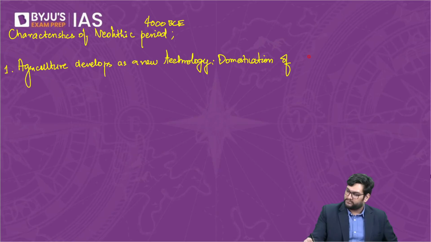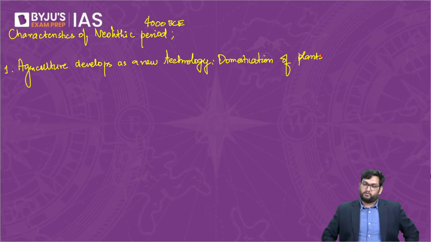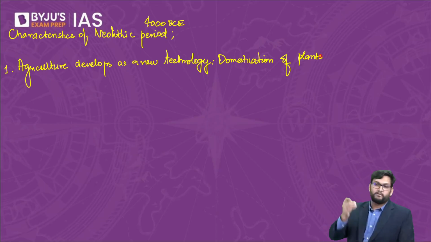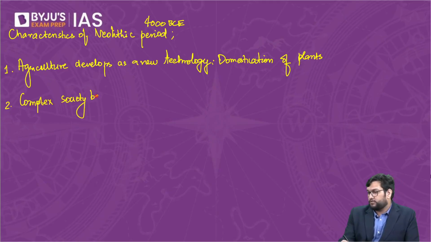Domestication of plants. They used to cook pulao. Yes, why not? Beautiful pulao. Domestication of plants. Then, second, complex society based on social stratification.